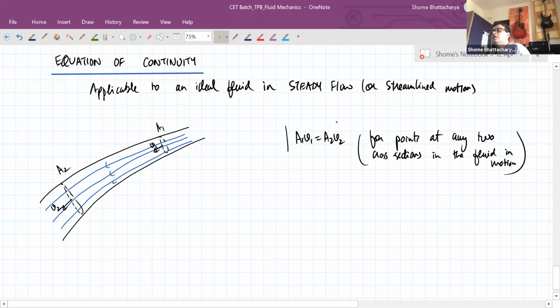So another way of expressing the continuity equation is that the product of area into velocity is uniform at all points.